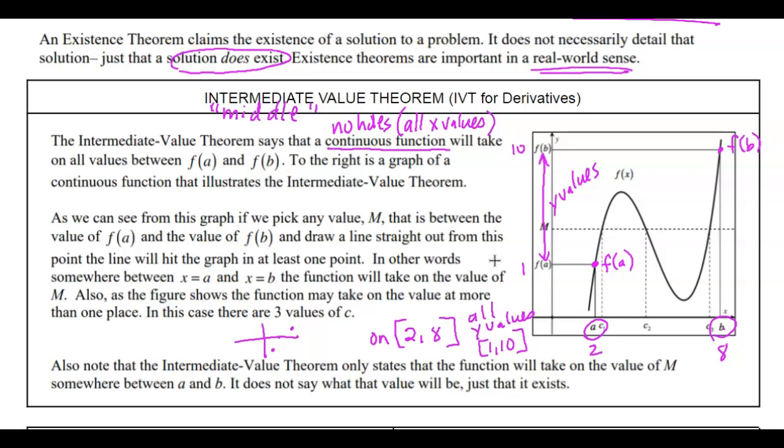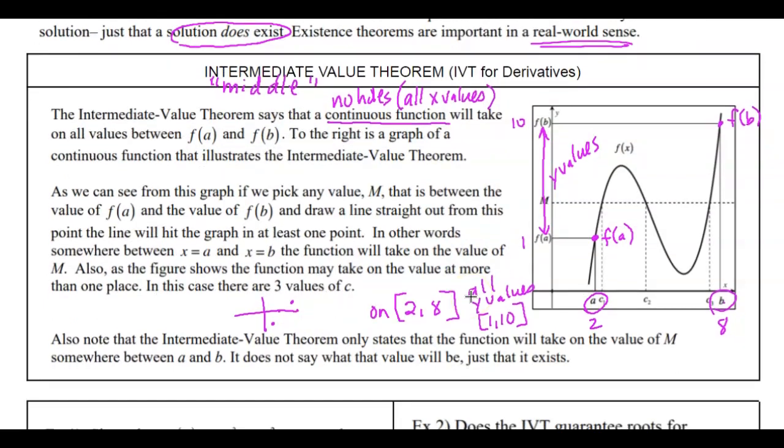That's the application for function analysis for the IVT. So in order to use the IVT, you will have to state that the function is continuous.